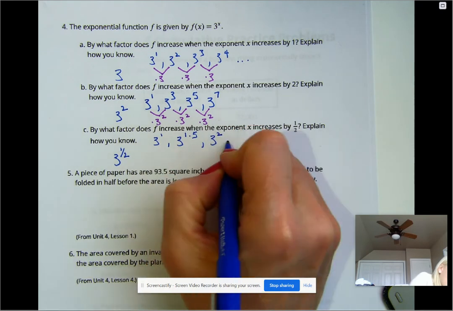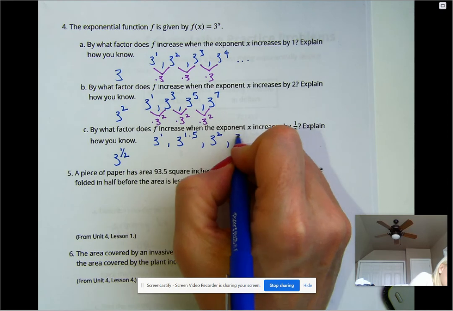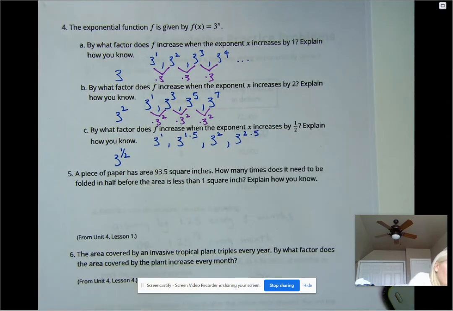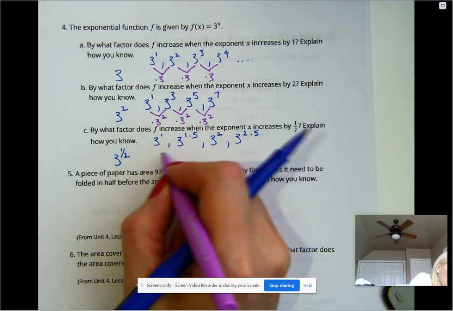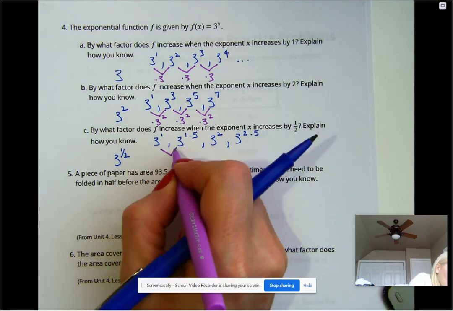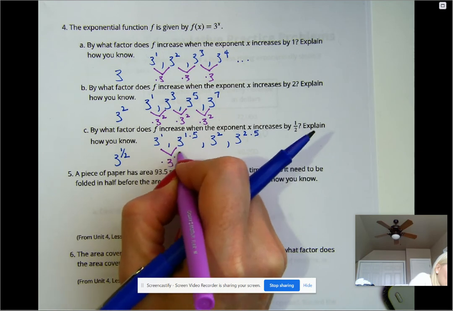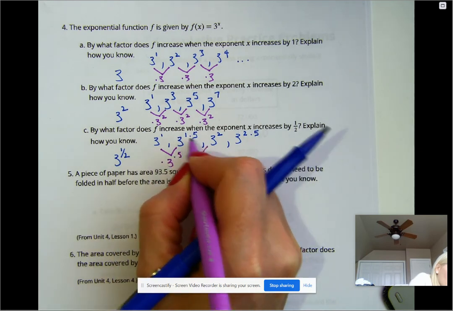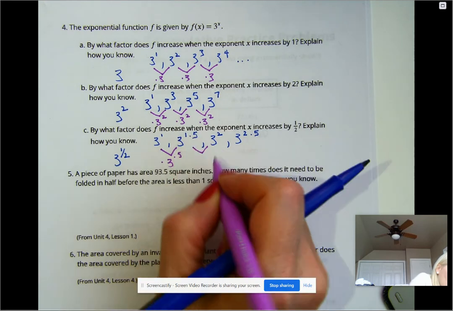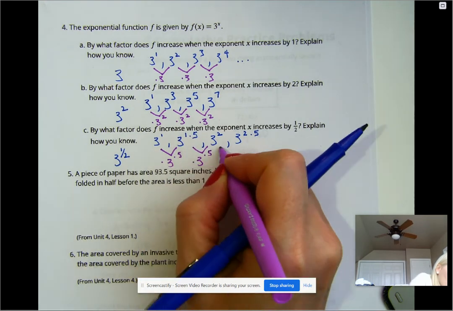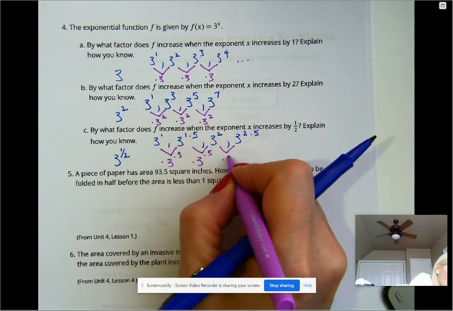And another half would be 3 to the 2.5. Okay? So again, if we look at how these are changing, this is by 3 to the 0.5. This is by 1.5 up to 2, 3 to the 0.5. Okay, which is the same thing as 3 to the 1/2.